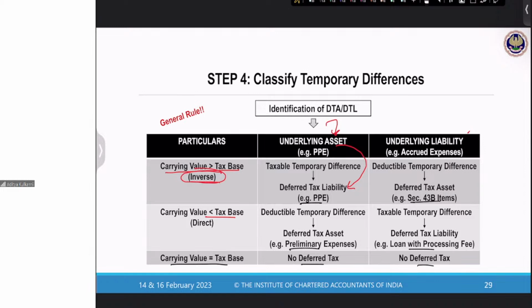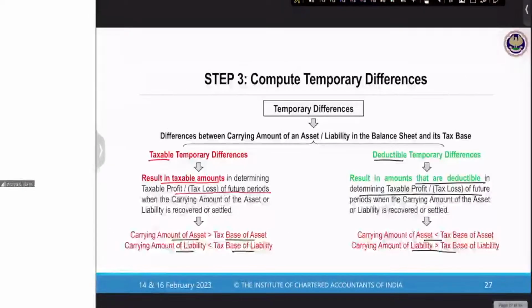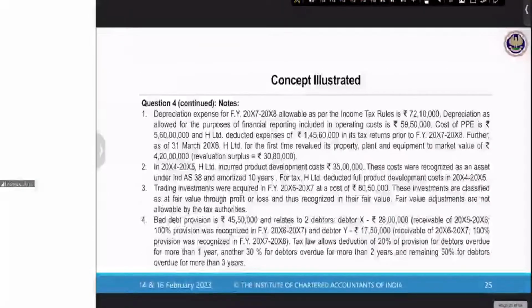So if I have to define the tax base of an asset, the tax base of an asset is the amount deductible against the income that will be generated from that asset, provided the income is taxable. If the income is exempt, tax base is equal to the carrying amount. So this was what we had discussed. Am I right? Yes, I think so.